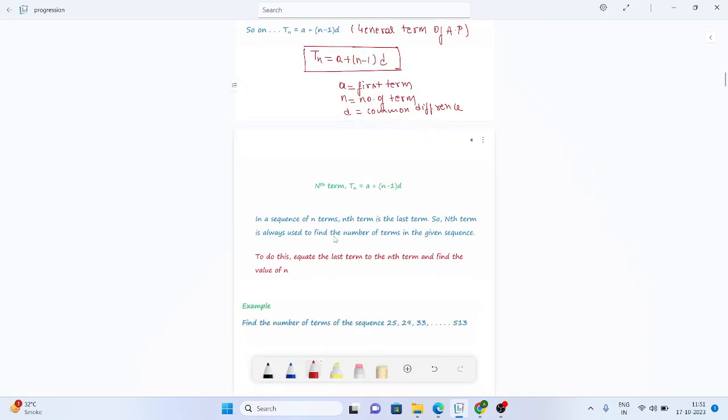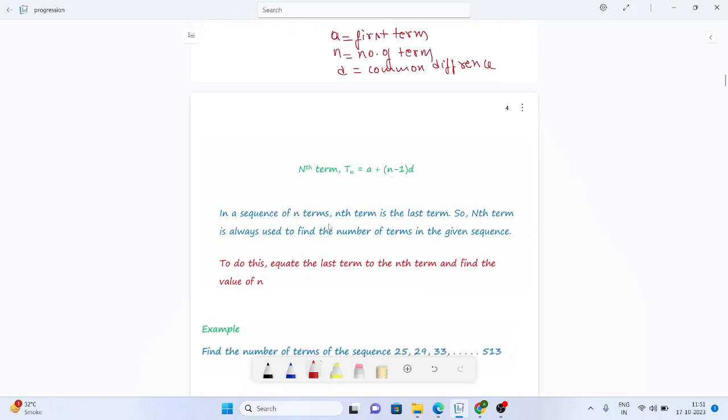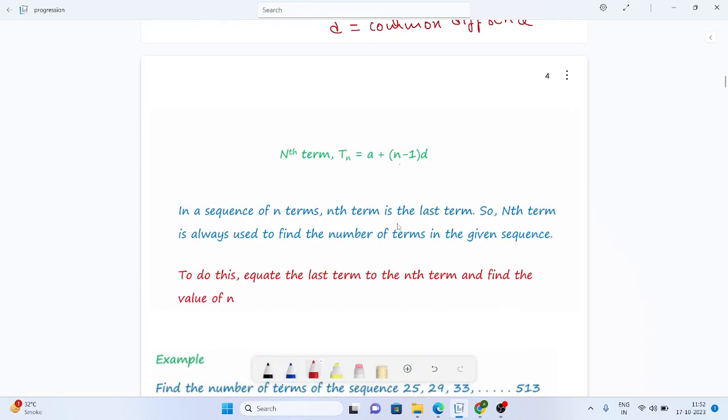Done. Okay, so where do we use this formula? It is the nth term of AP, Tn equal to A plus n minus 1 into D. In a sequence of n terms, if he asks to find the nth term or any term, or the number of terms, mainly this is used for the number of terms.